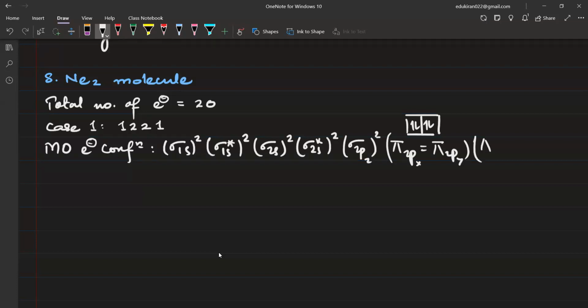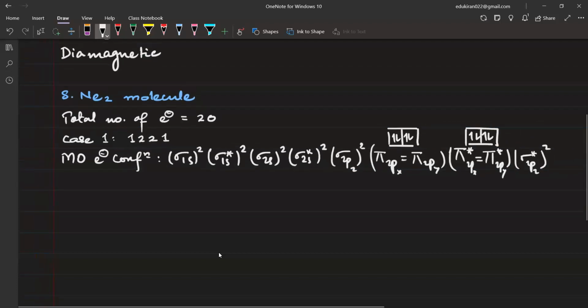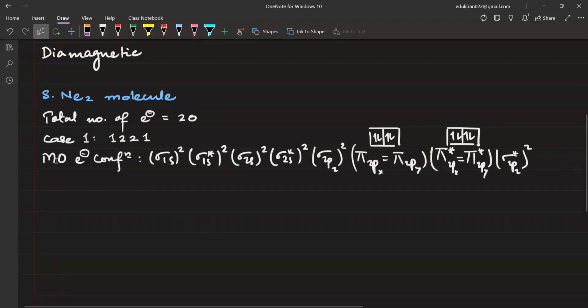Then we will have pi star 2px equal to pi star 2py, 1 electron, 2 electron, 3 electron, 4 electron. Then you will have sigma star 2pz, and you will require 2 electrons to complete the 20, right? Is it correct, no problem? Yes, sir. Have a look once.